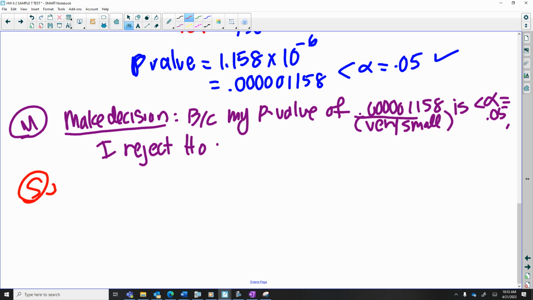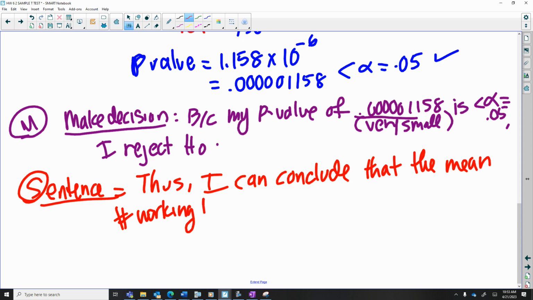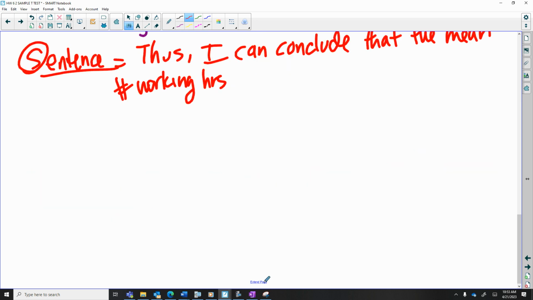Sentence in context. Thus, I can conclude that the mean number of working hours per week for employed Americans changed. In fact, it probably increased.